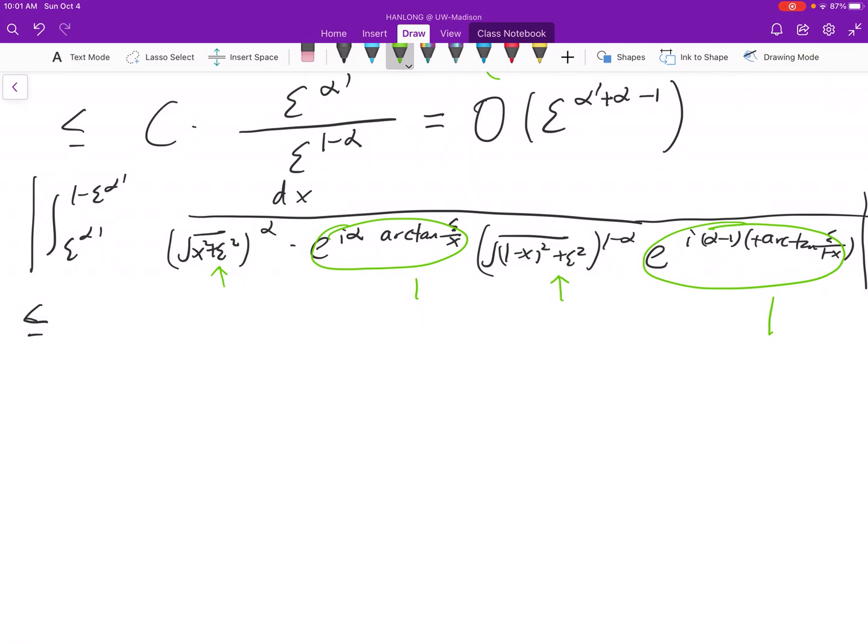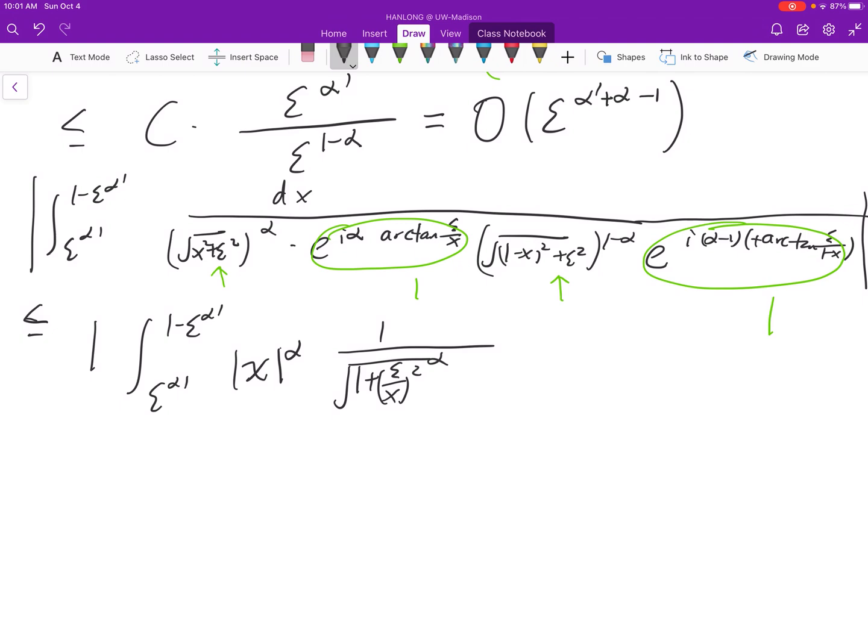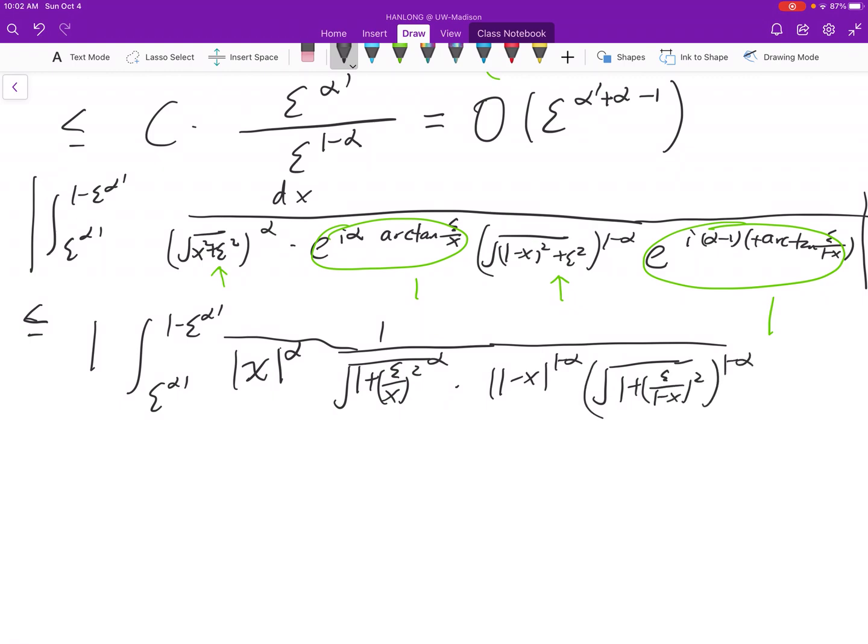We factor out x, so you have 1 plus (epsilon over x) squared to the alpha over 2 power, and also factor out 1 minus x, so square root of 1 plus (epsilon over 1 minus x) squared to the 1 minus alpha.